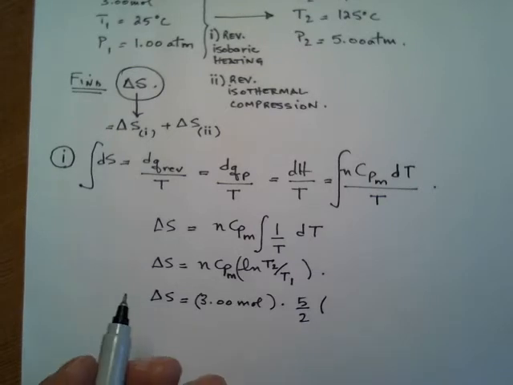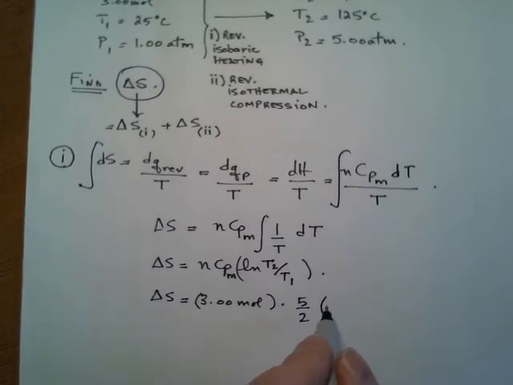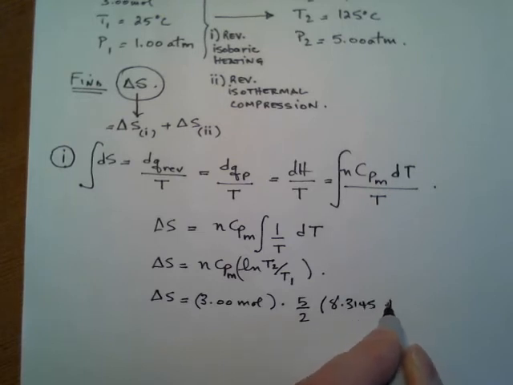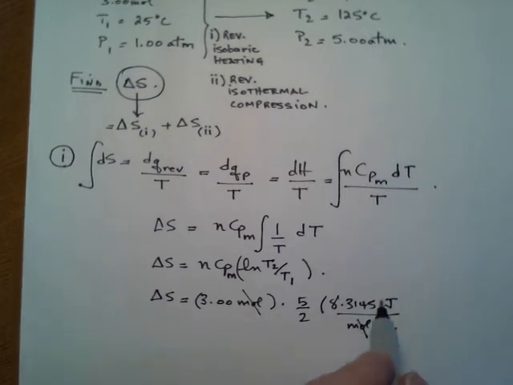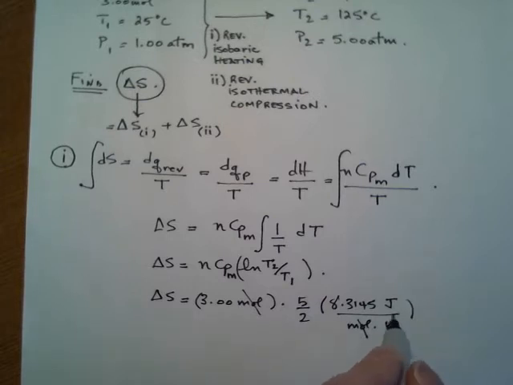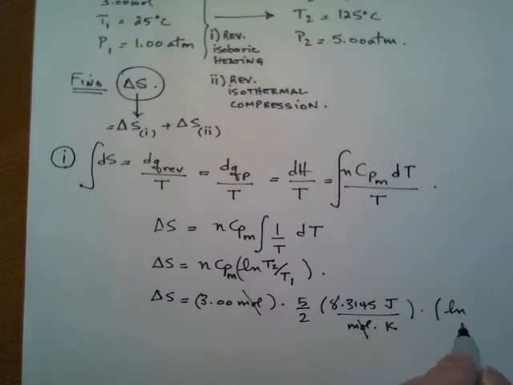Because that's going to introduce units that I don't need. 8.3145 joule per mole K, right? And then I'll be left with joule per Kelvin, which are my units of entropy, because of course this is unitless.